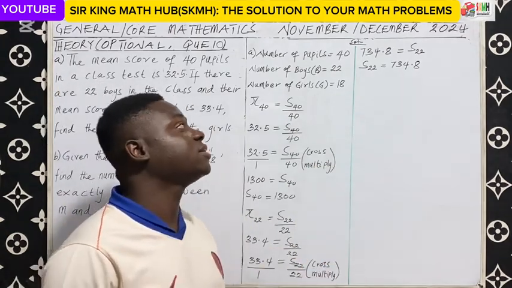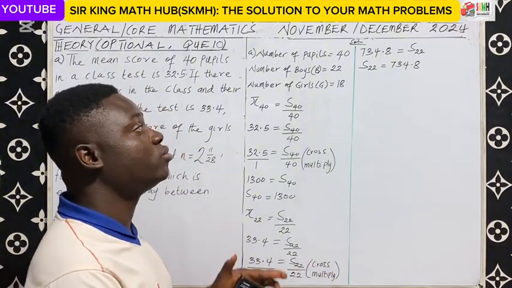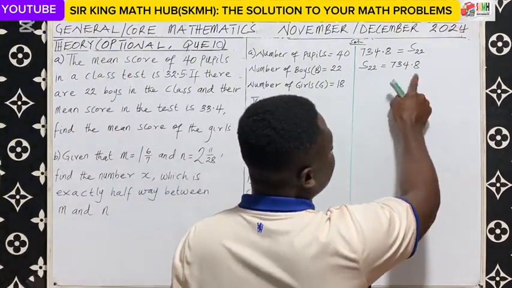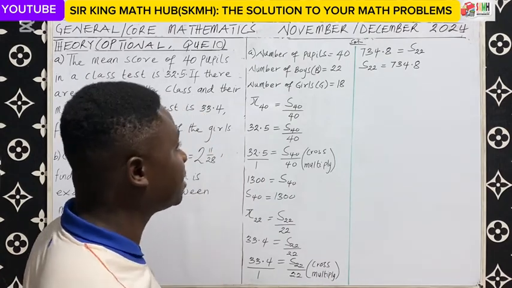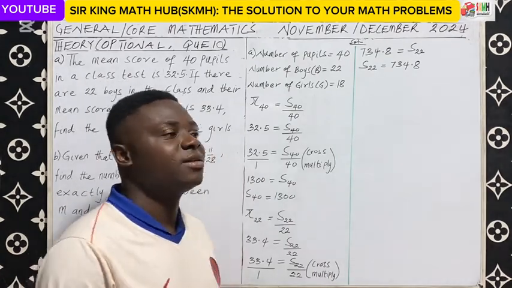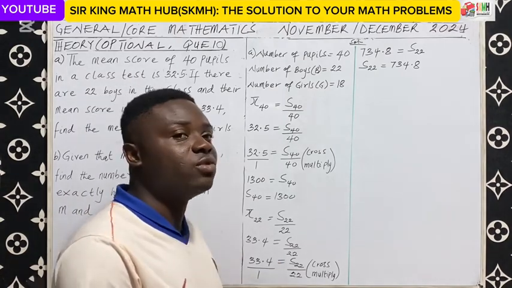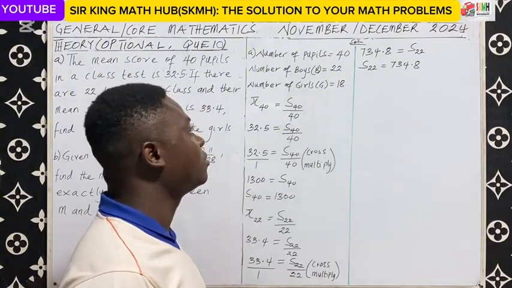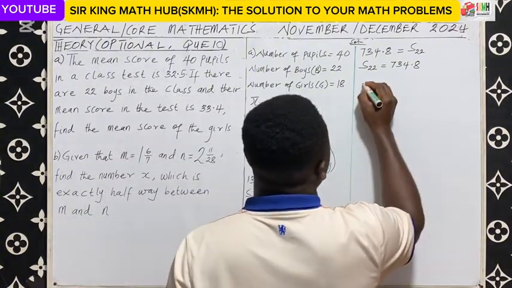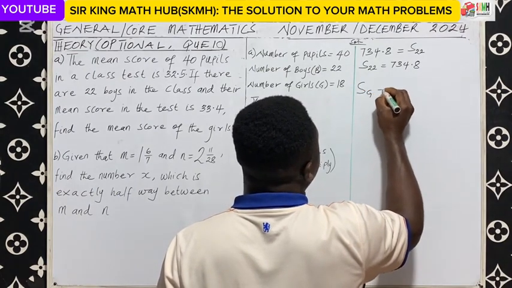It represents that when we sum up the individual scores of the 22 boys, this is the total score we have to get. So now the next step, can we find the sum of the individual scores of the 18 girls? So we want the sum of the individual scores of the 18 girls.